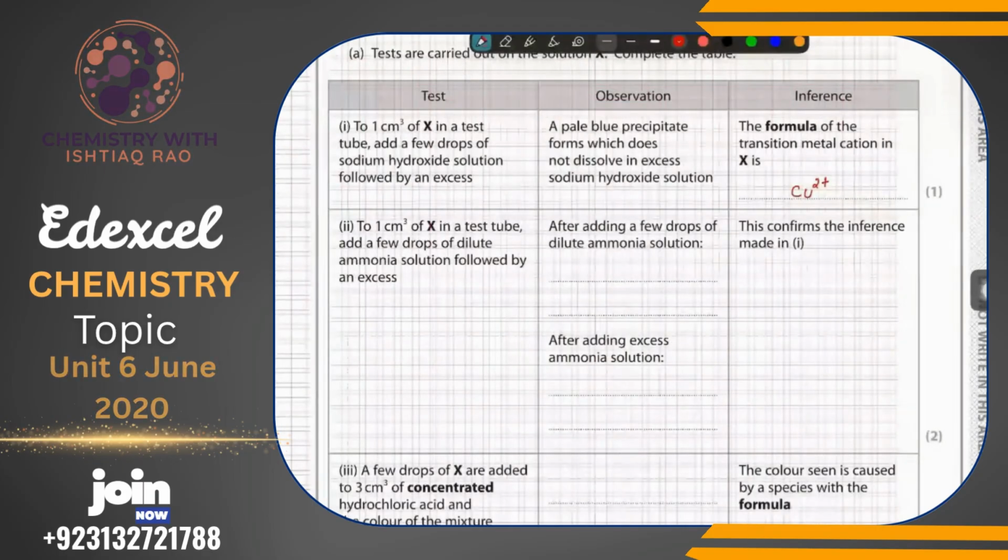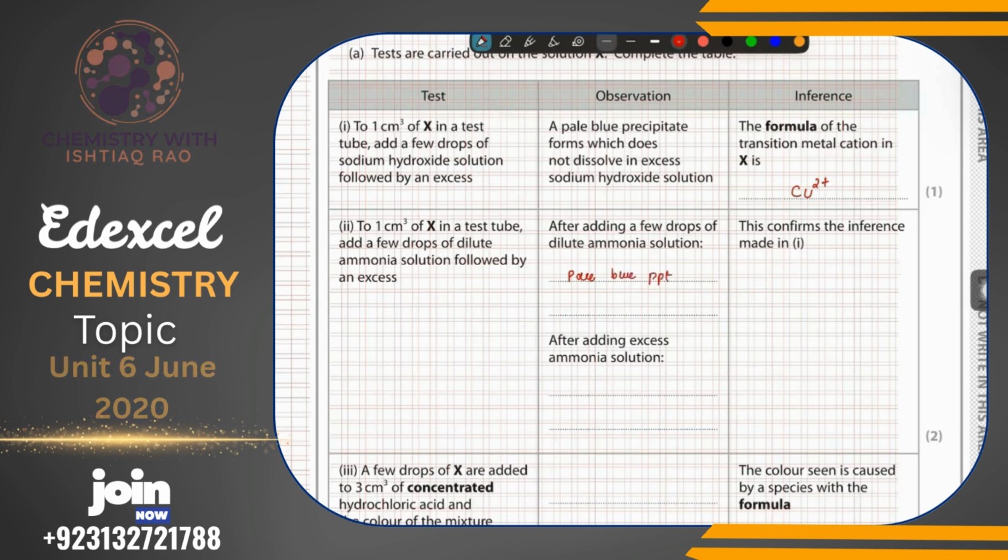And then what about the next one? Pale blue precipitate and then dark blue precipitate, followed by an excess after adding a few drops of dilute ammonia solution. So first we were getting a pale blue precipitate, right?